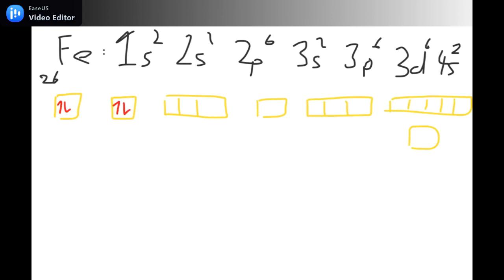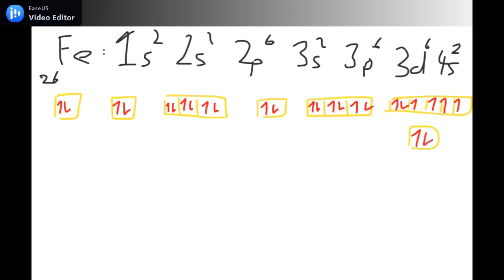In 2p, first we'll fill 1 electron in each box, and then another one. And in 3p again, we'll fill 1 electron in each box, and then we'll fill the downward spin in each. Now in 3d, we'll first fill 1 electron in each box. Then 1 remains, so we'll fill that in the first one. In 4s, there will be 2 electrons.